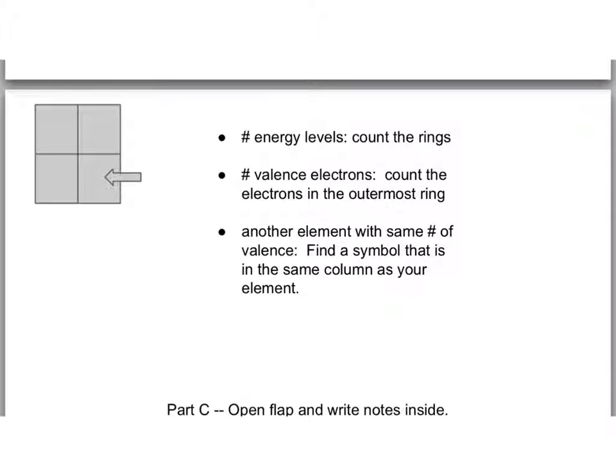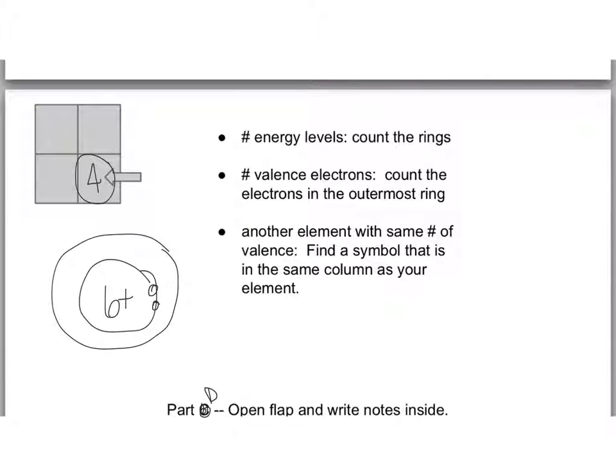Alright, this slide says part C, but it's really part D on flap 4. And we'll redraw our carbon here. We had 6 protons. We had our 2 in our first ring. We had 4 in the second ring. And so if you were to be asked how many energy levels there are, you just count the rings. So in this example, we have 2 energy levels.